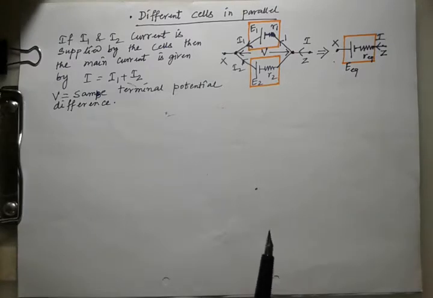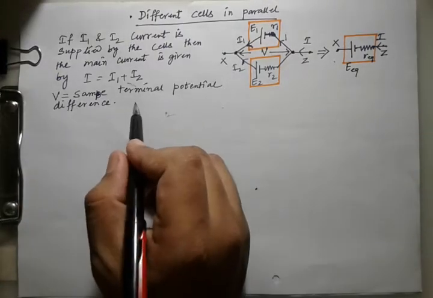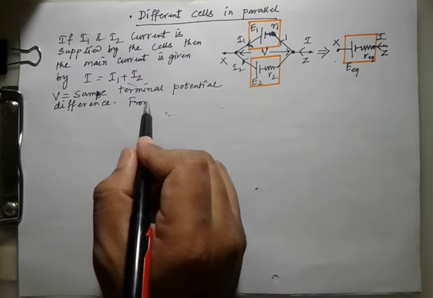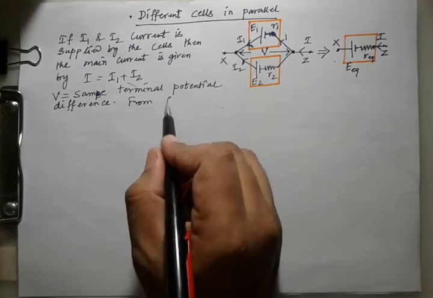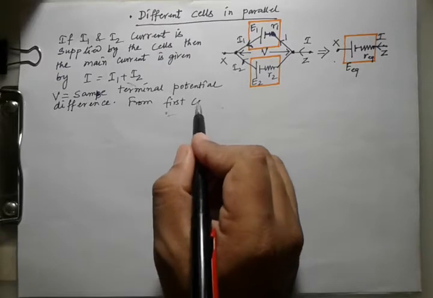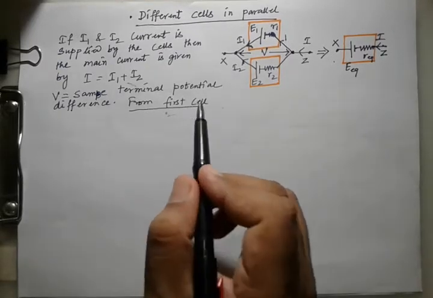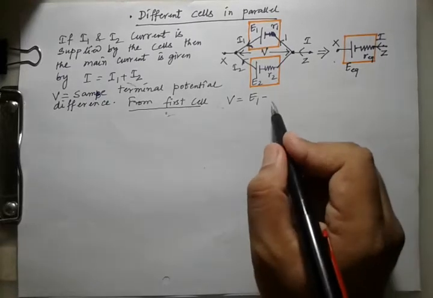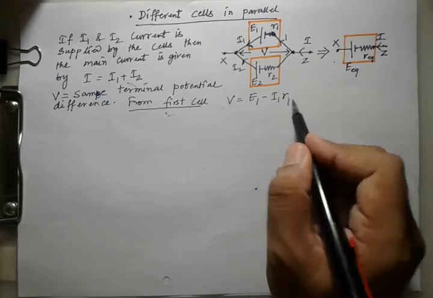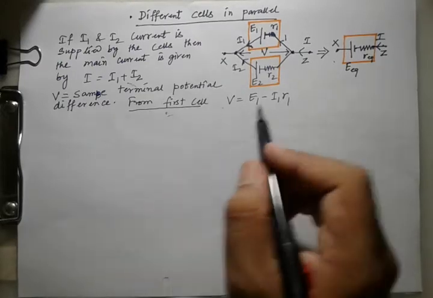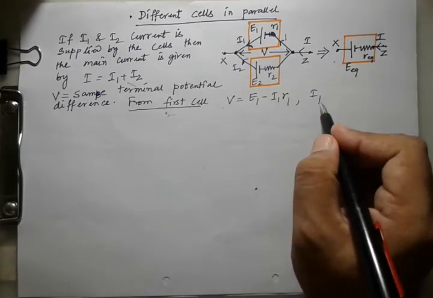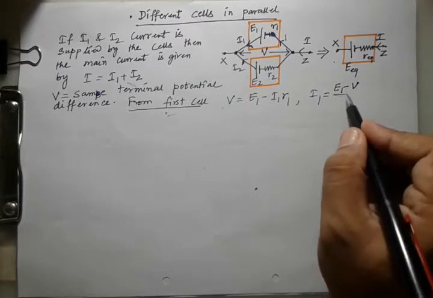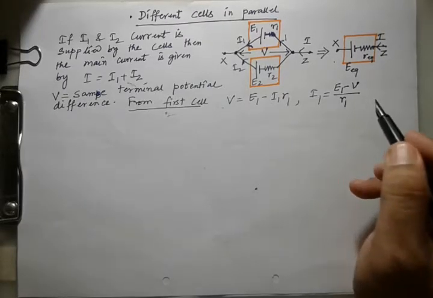Now from the first cell, you can write V is equal to E1 minus I1 R1, so I1 is equal to E1 minus V by R1.